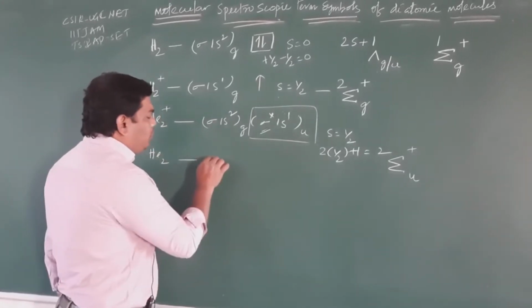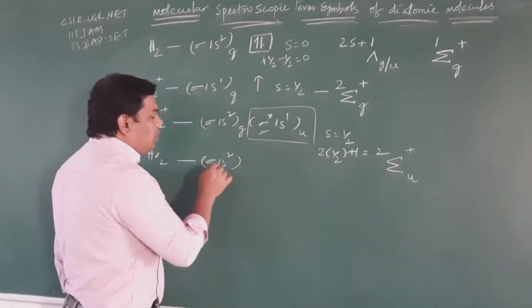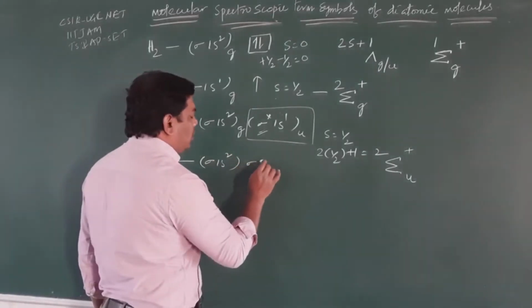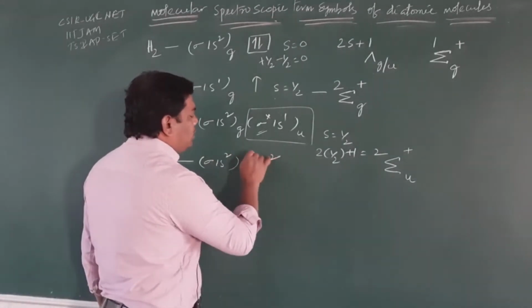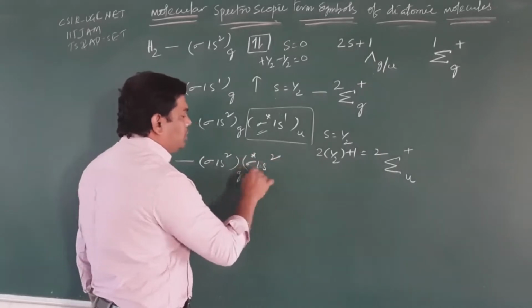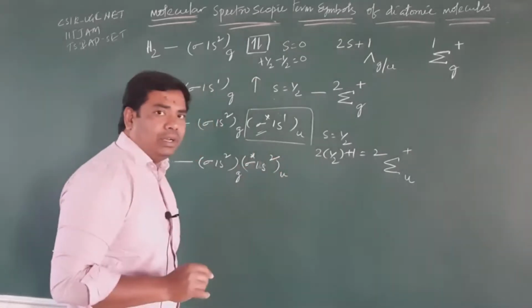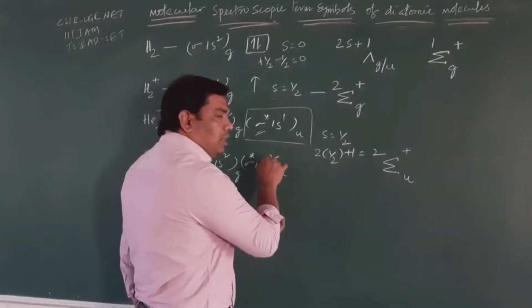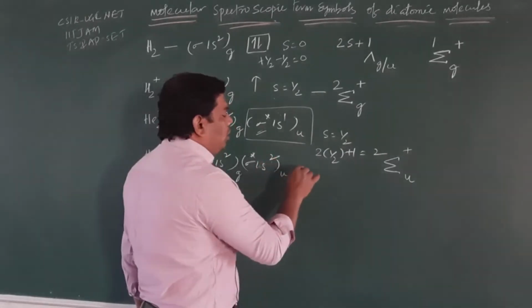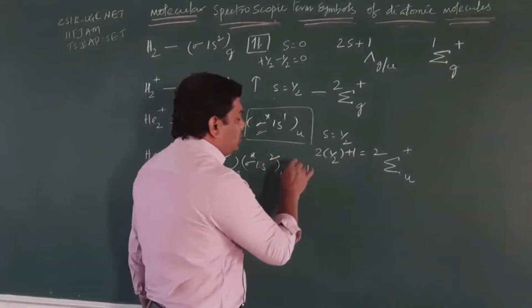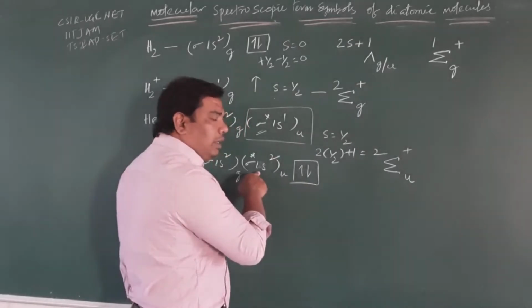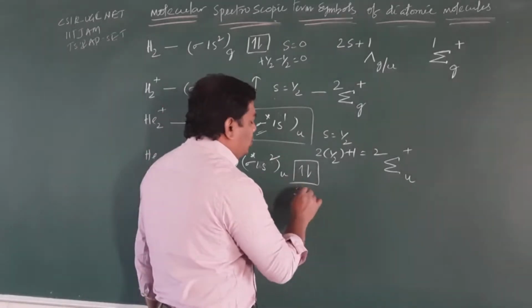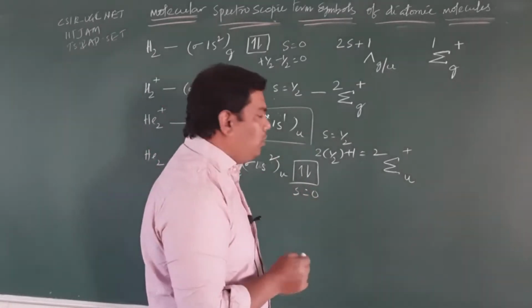Okay, right. Next we will move to He2. He2 means nothing but, student, sigma 1s2 and sigma star 1s2. So this is gerade and this is ungerade. Clear, student? Right. So what is the spin multiplicity here, student? Electrons are paired up. So the electrons are paired in anti-bonding molecular orbital level. So therefore the spin value is equal to 0.